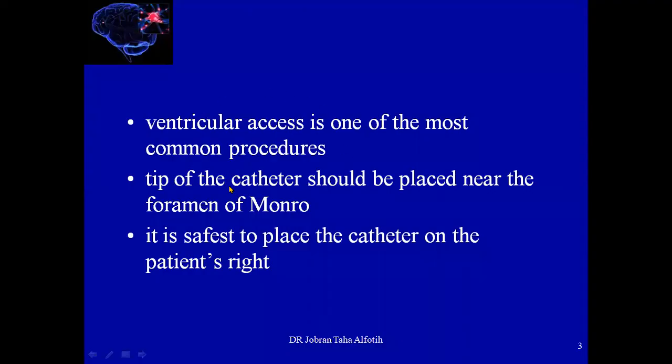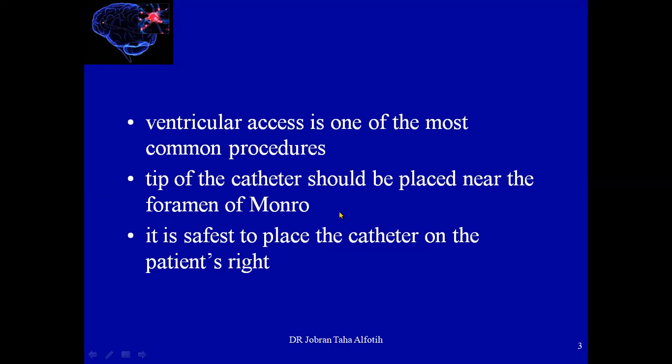So ventricle access is one of the most common procedures, and the tip of the catheter should be placed near the foramen of Monro, because the foramen of Monro is free from the choroid plexus, and the adhesion and occlusion of the catheter will be more unlikely.